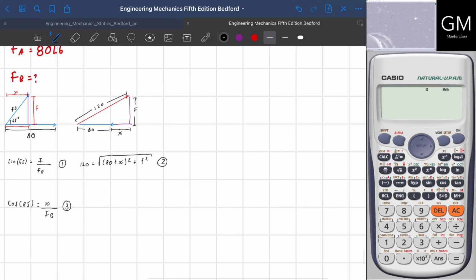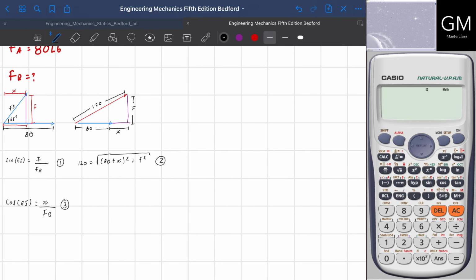Okay, using these 3 equations I'm going to start solving the 3 incognitas that I need. So from equation 3, I'm going to solve the equation for FB, for example.